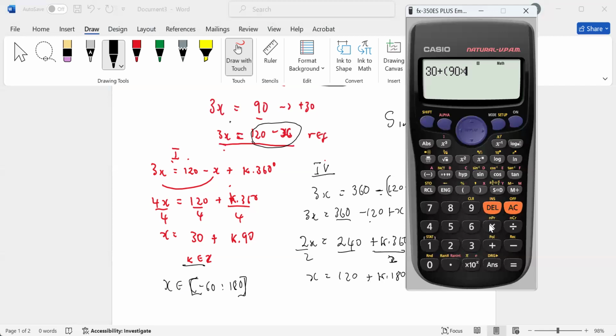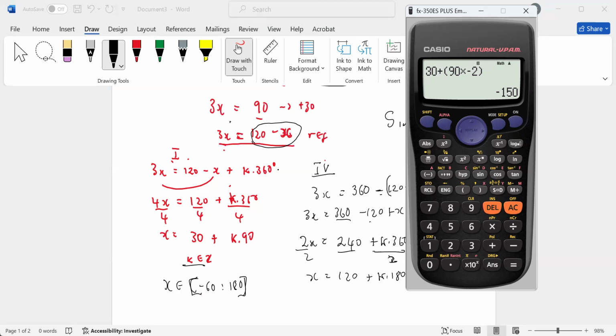Start with minus 2, at least k is an element of all integers. So if we say k equals minus 2, then 30 plus 90k equals minus 150, which is not what we are looking for, because we are looking for minus 60. So minus 2 doesn't work.